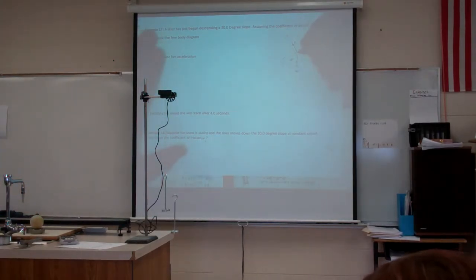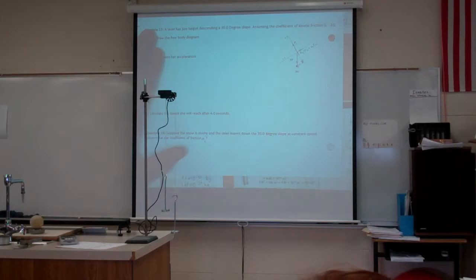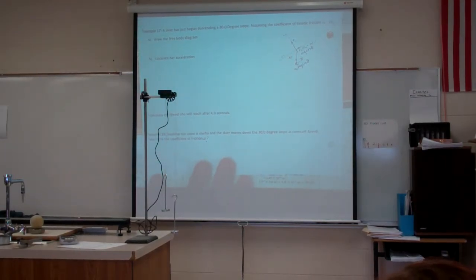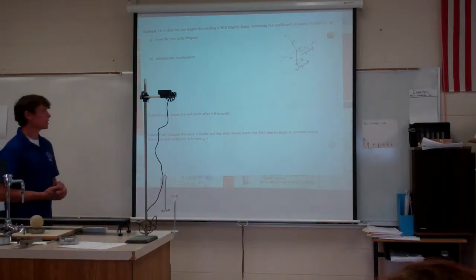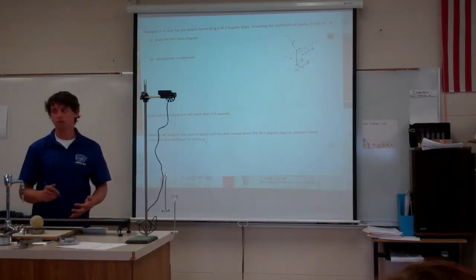Let's add the components of gravity on here. This is mg cos theta, and this is mg sine theta. And we got some values. We would like to calculate her acceleration down the mountain.